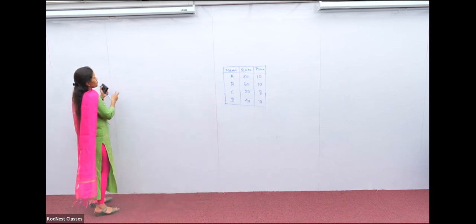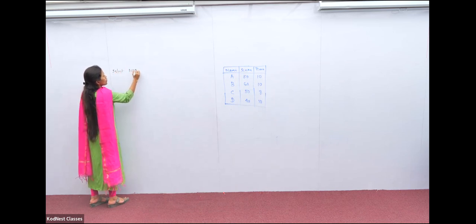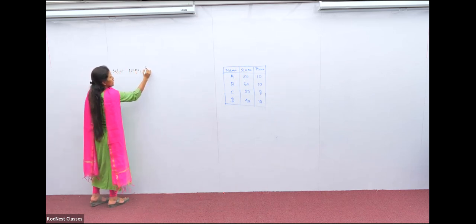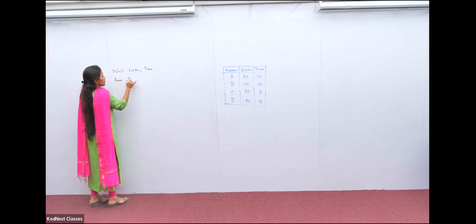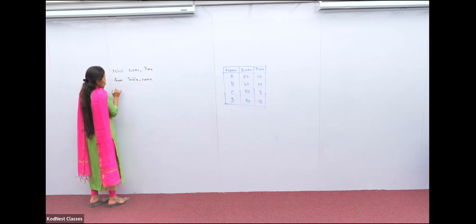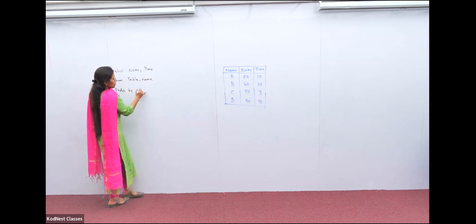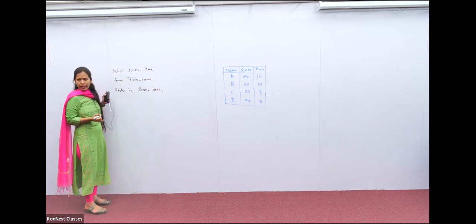You will write select score, comma time, from the table name. Whatever table name you have, you will give that. And you will write order by score in descending order. This is how you write the query, right?